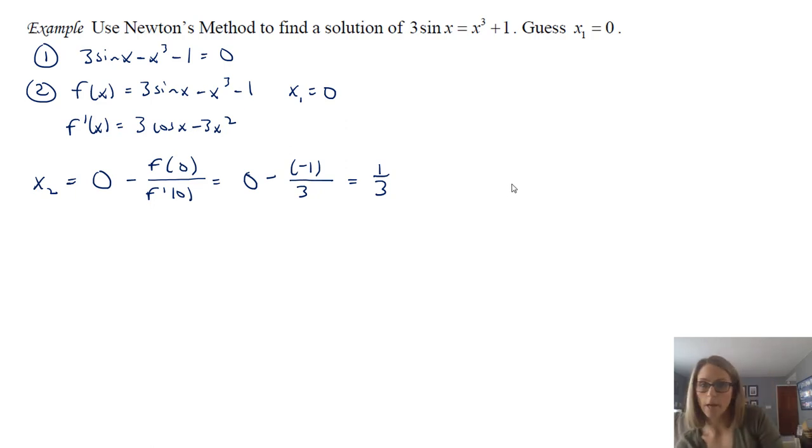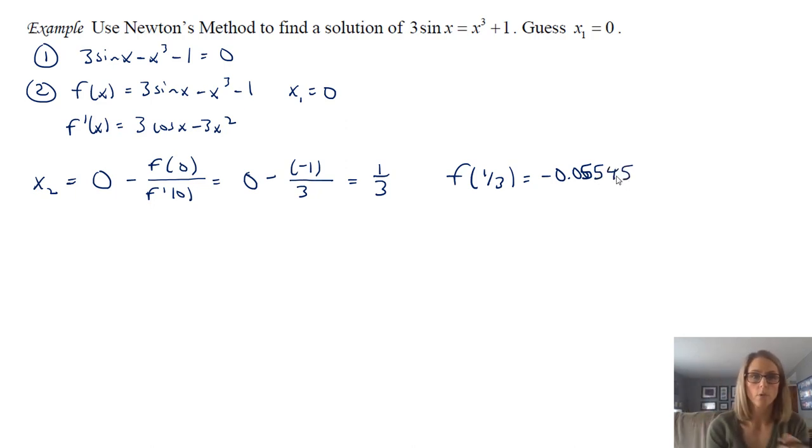And if we plug 1/3 back into our original, if we find f of 1/3, we can see that we're going to get negative 0.05545. Now when we put 0 into our original function, we get negative 1. So again, we're trying to get closer and closer to 0.